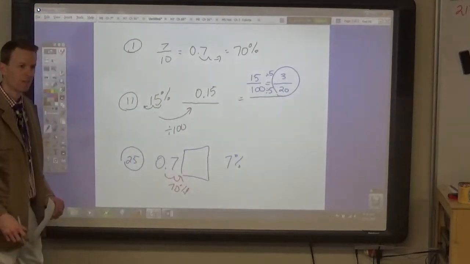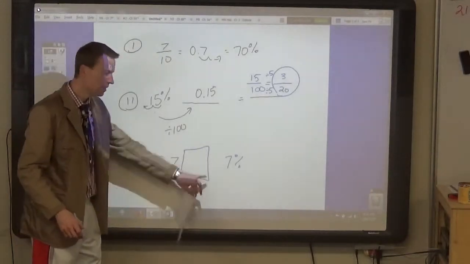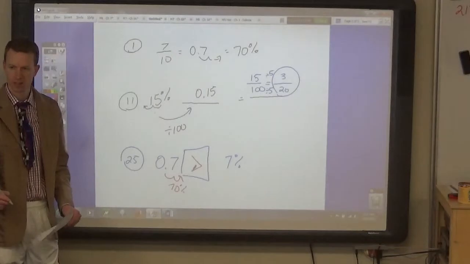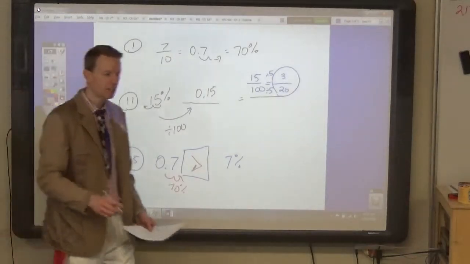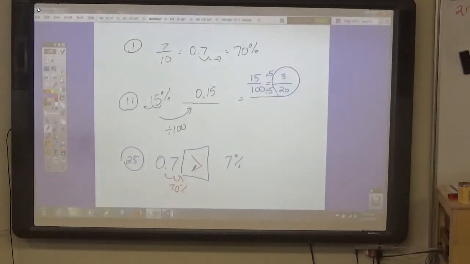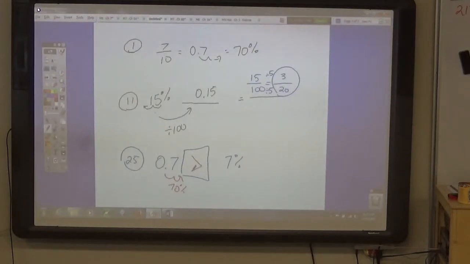So that's why 7/10, 70% is greater than 7%. But the key is to make sure you put them all in the same form. Okay? Alright, so you can work with a partner on this and finish it up for tomorrow.